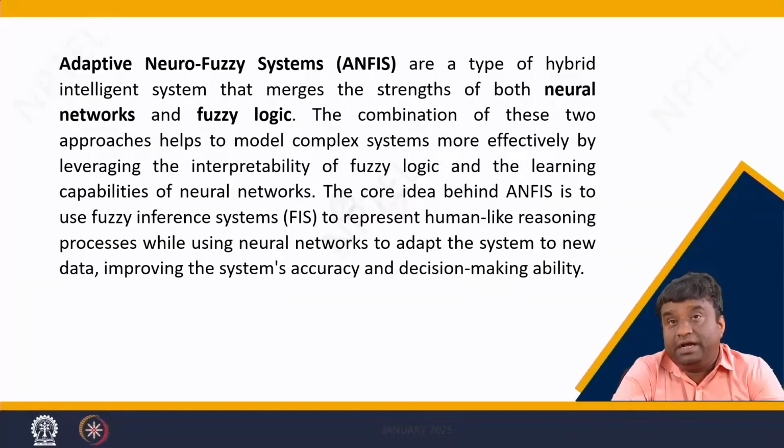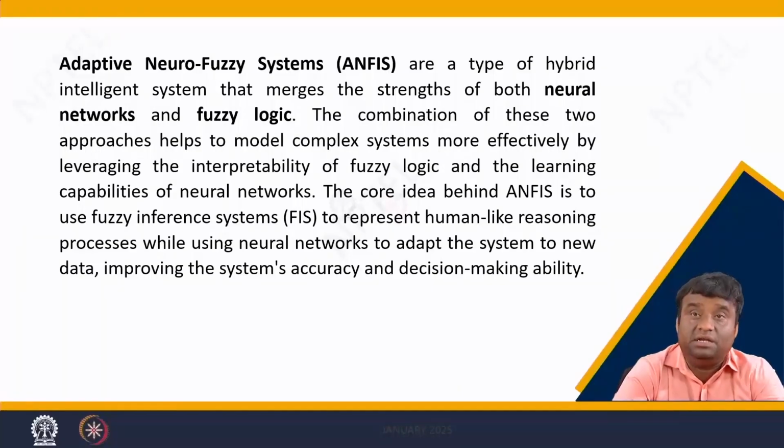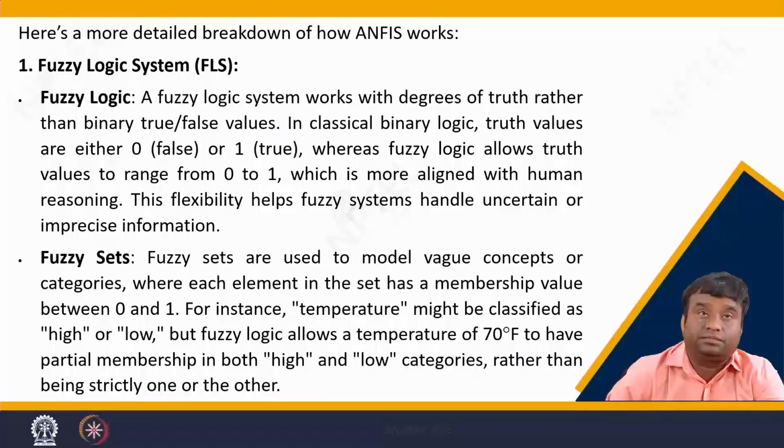The core idea behind ANFIS is to use fuzzy inference systems to represent human-like reasoning processes while using neural networks to adapt the system to new data, improving the system accuracy and decision making ability.